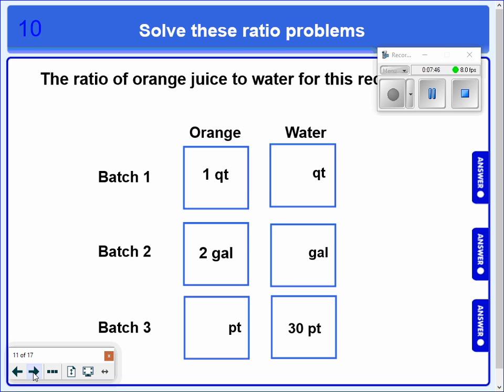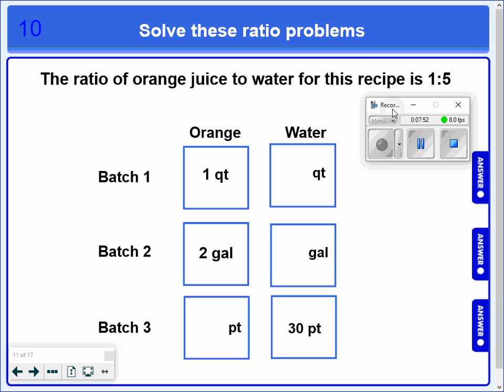Okay, so now we're going to solve these problems. The ratio of orange juice to water for this recipe is 1 to 5. So if the ratio of orange juice to water is 1 to 5, in the first batch, if I have 1 quart of orange juice, then what does it need to be for water?